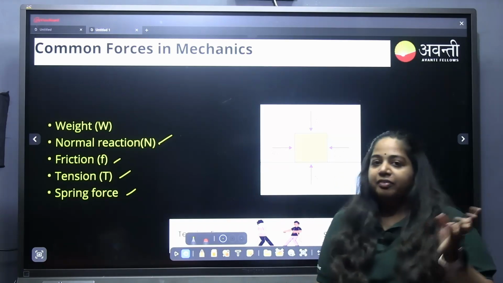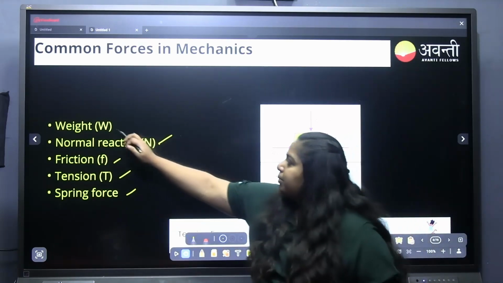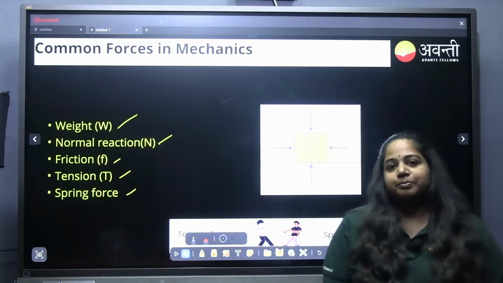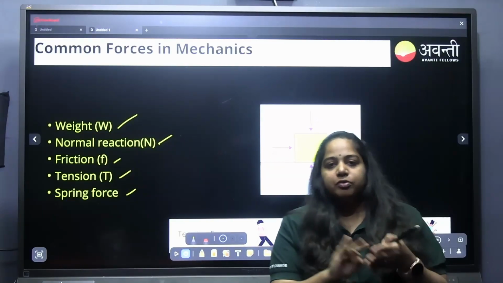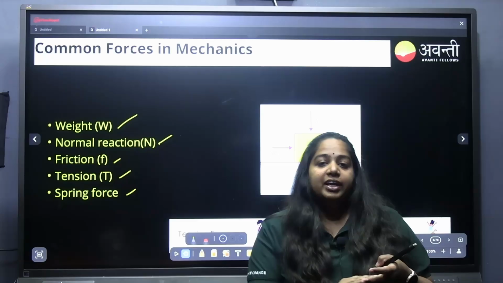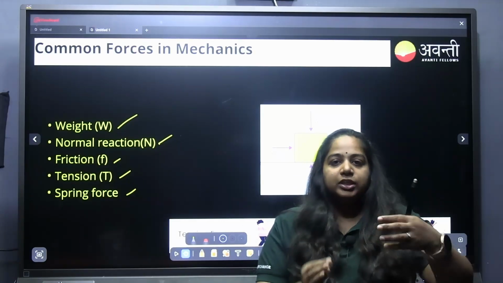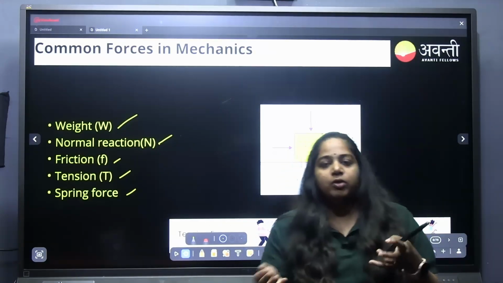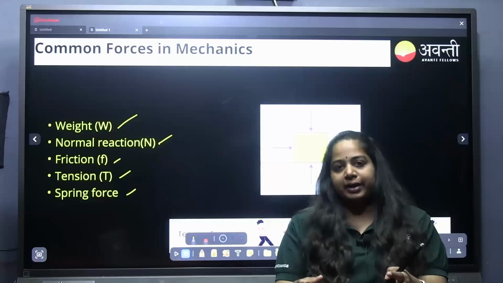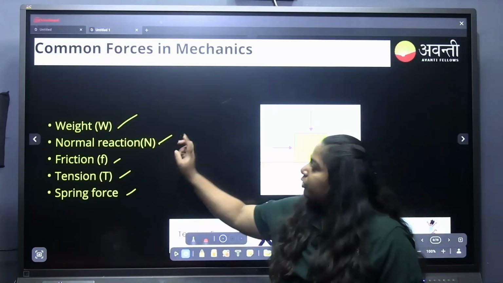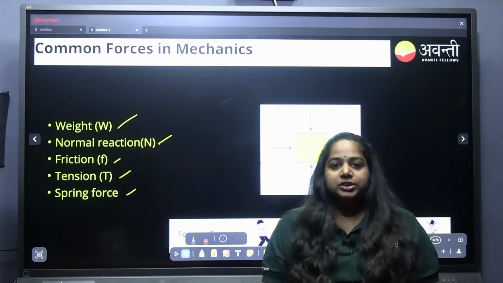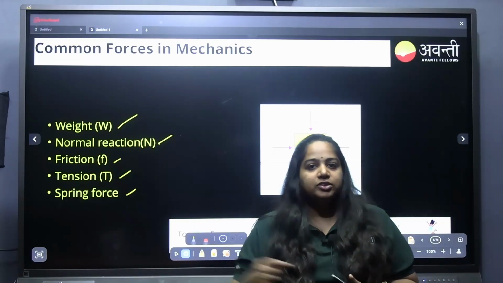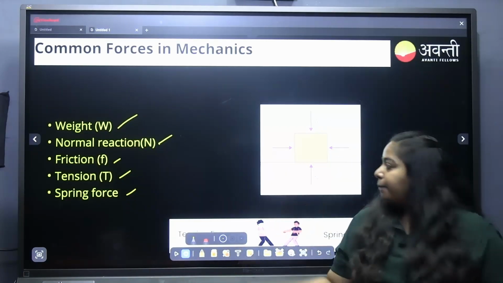Weight is nothing but gravitational force, mg. Gravitational, electrostatic and magnetic forces are field forces, so there is no actual contact between the bodies for the force to be applied. But normal force, friction force, tension and spring force are contact forces. Bodies need to be in contact for this force to be applied.